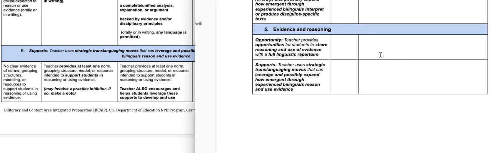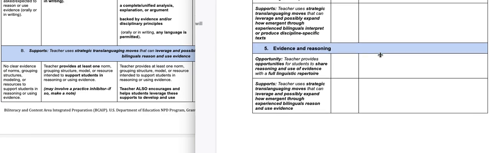Okay, so I didn't type out any evidence, but I think by now you've seen me do this for all the other practices, so you know what it should look like.